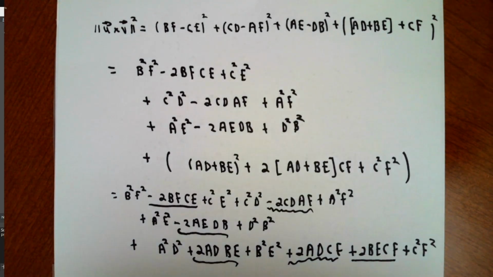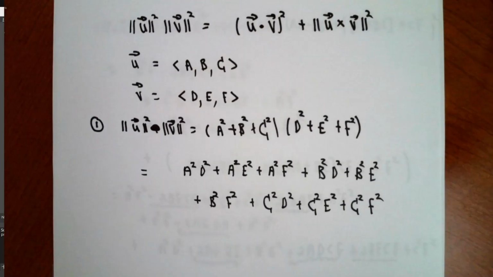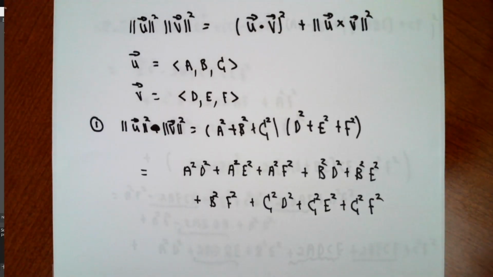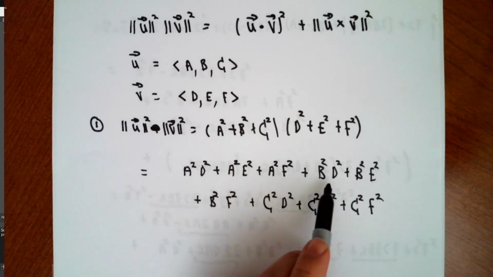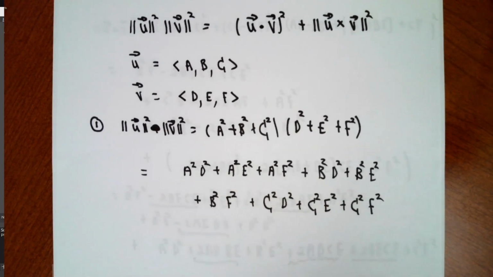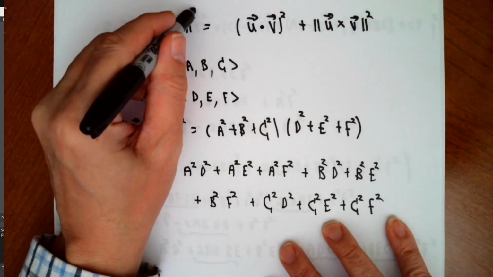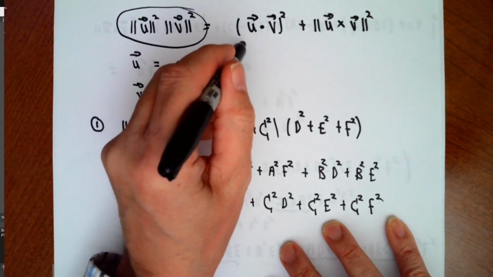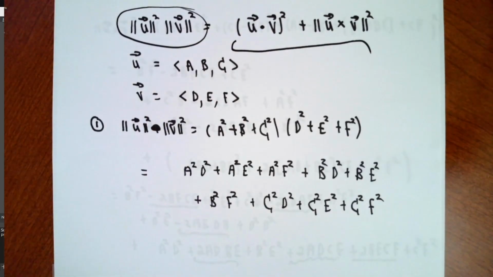But if you'll remember, when we calculated the square of the length of u times the square of the length of v, that's what we got. 1, 2, 3, 4, 5, 6, 7, 8, 9 terms, each one of which looks like the square of a component times the square of some other component. This tells me that this number and that number are always the same. So this is a true identity here.